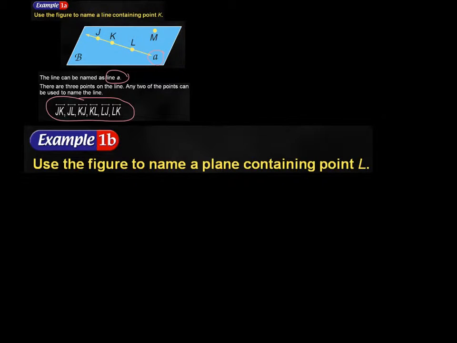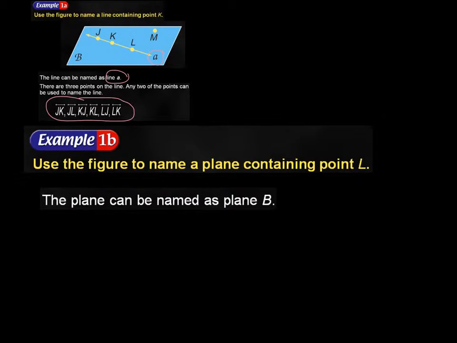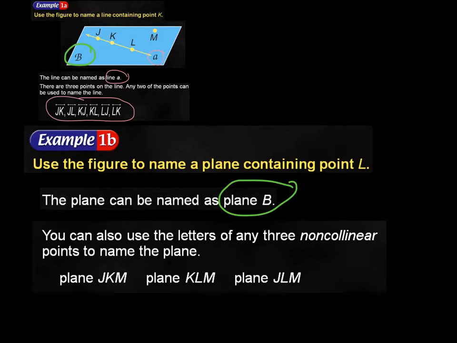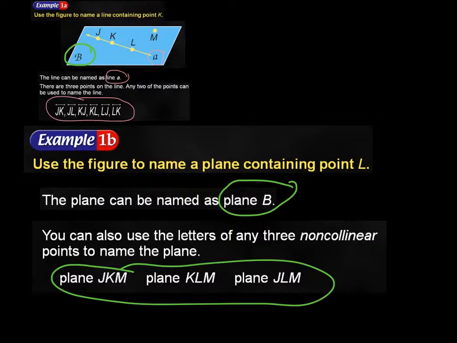Use the figure to name a plane containing point L. Again, we're going to have many right answers. Starting off really simply, we could just use that capital B and call it plane B. It takes 3 points to determine a plane, so you can use any 3 non-collinear points. Here are 3 possible answers.